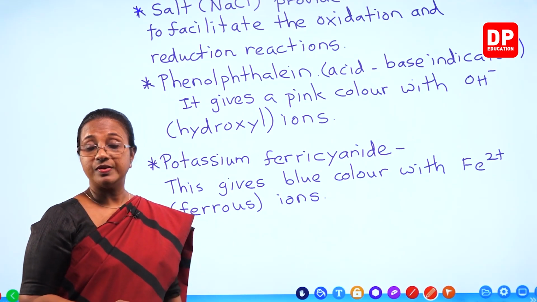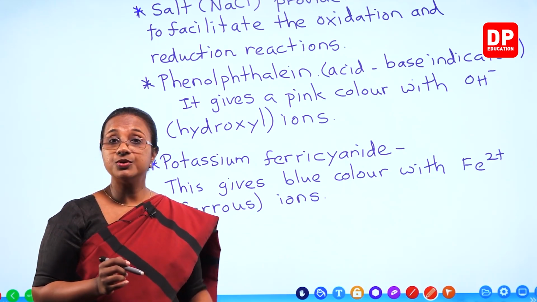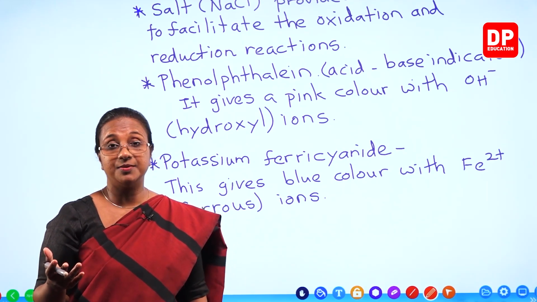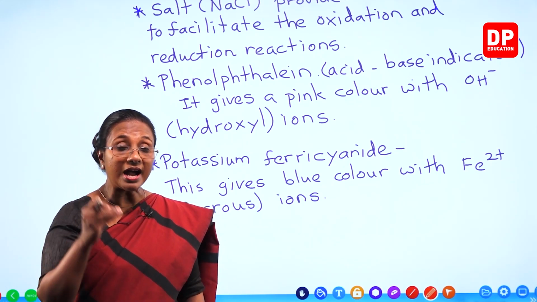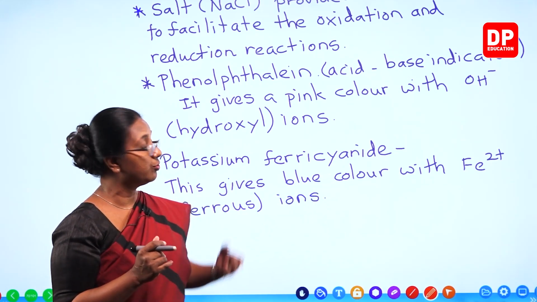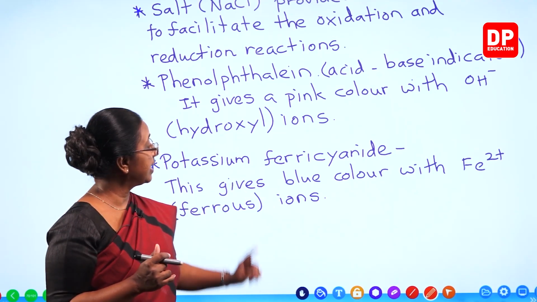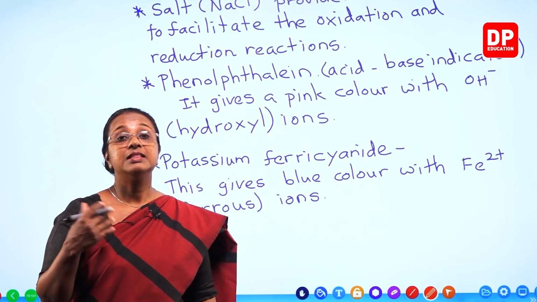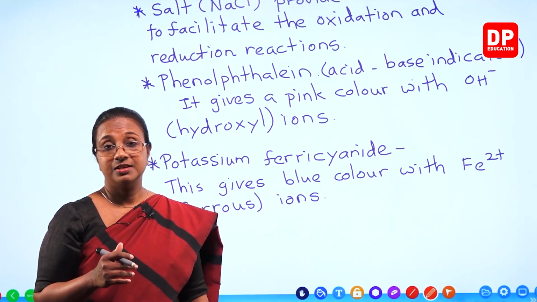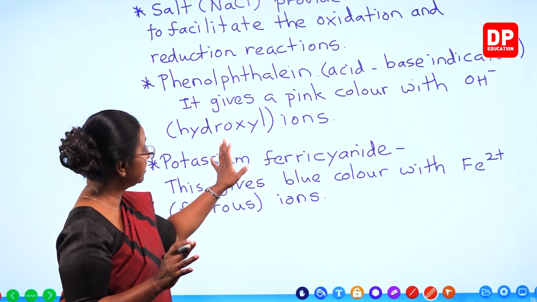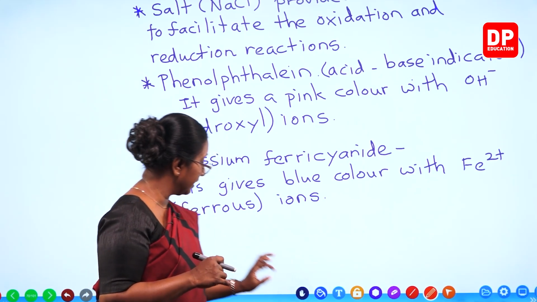So this is also familiar to you all. Iron undergoes oxidation during rusting. So Fe becomes Fe2+. So to identify the presence of Fe2+ ions, we use potassium ferricyanide. This gives a blue color with ferrous ions. So that is the reason why we use all these materials.